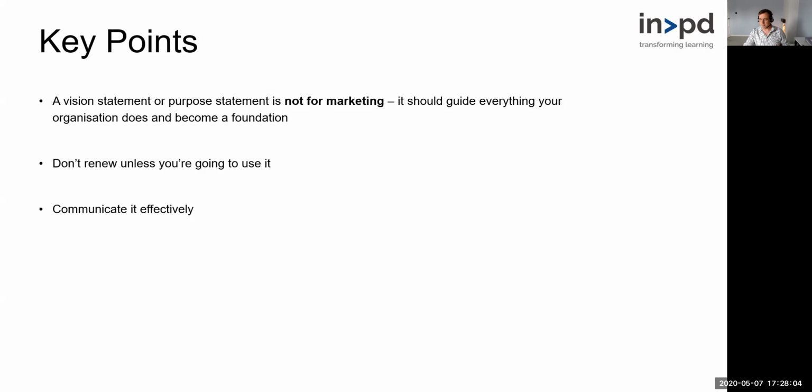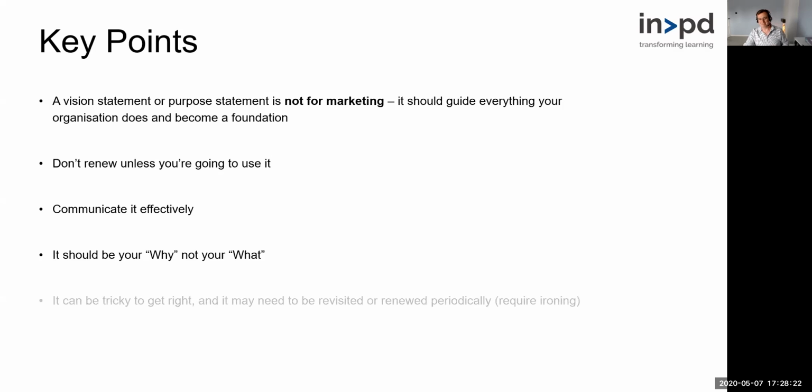Don't forget that there may be a degree of skepticism because these things are often done poorly and just for external marketing purposes. There may be some cynicism, so try to make it as authentic and real as possible and communicate it in that way. And it should be the why and not the what. It's hard to get right, and it may require some ironing to get the crease right over time.